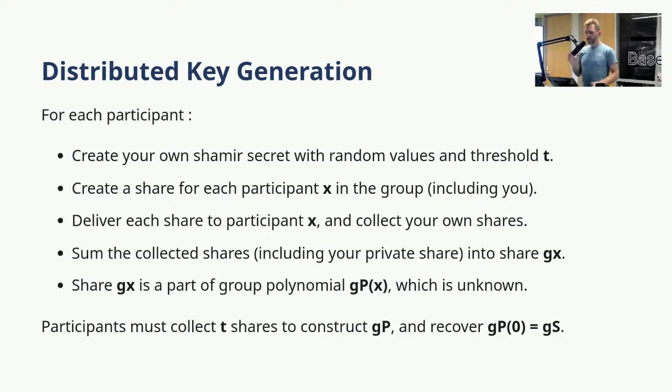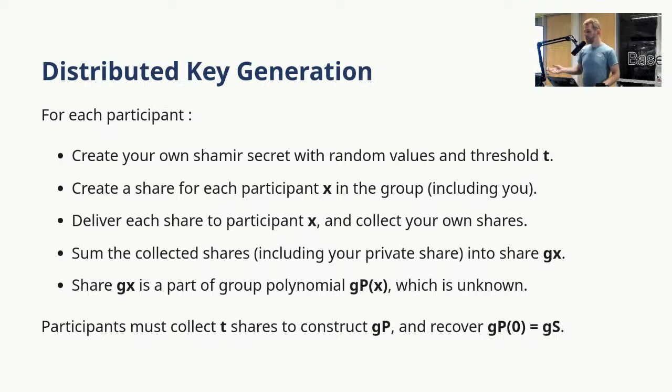Essentially what you do is you go through the protocol for Schnorr secret sharing, but everybody creates their own set of shares. So each participant in this group creates their own Schnorr secret with random values. All the values can be completely random, with whatever threshold that you want for the group.